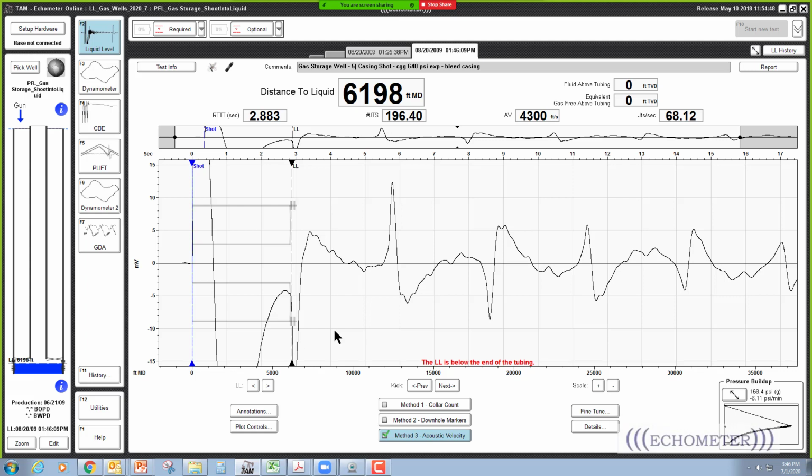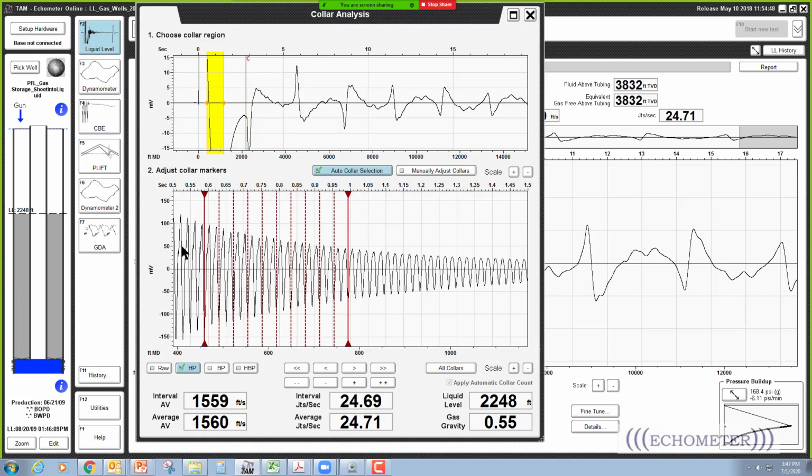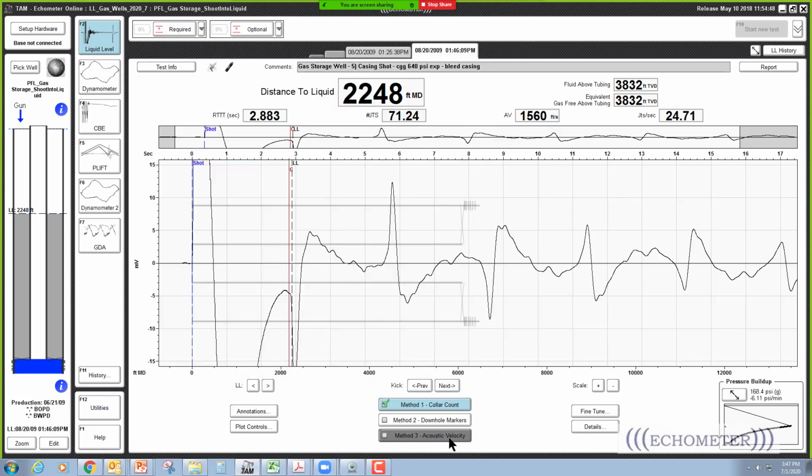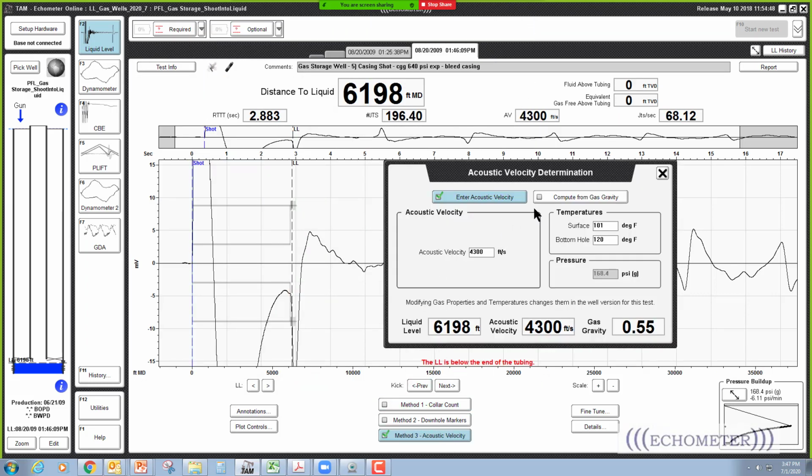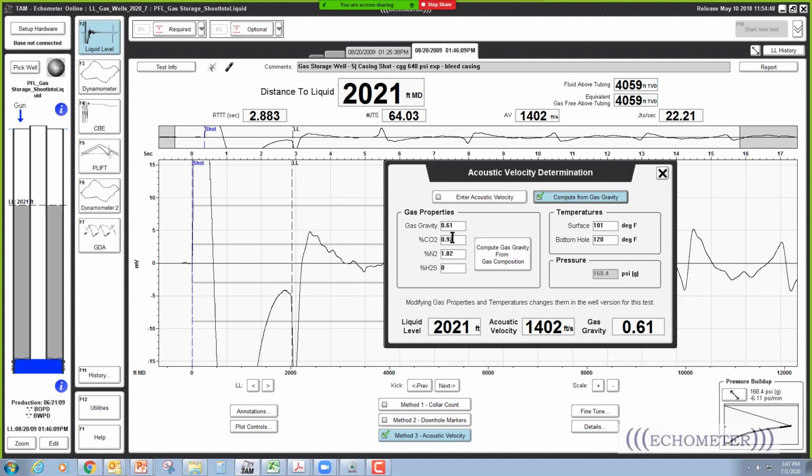Now, if we go back here and we turn the low pass filter off, let me go back to counting collars, and that's not even correct. The gas is probably a 0.6 gas gravity. So I'm going to go in here and type in a 0.6 gas gravity, and that's actually the composition of the gas.